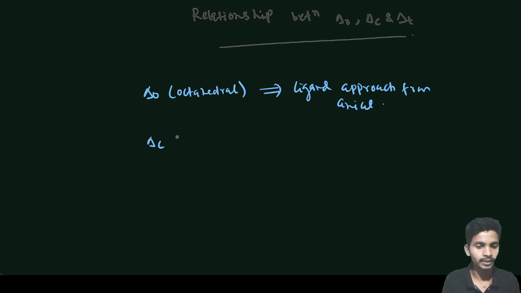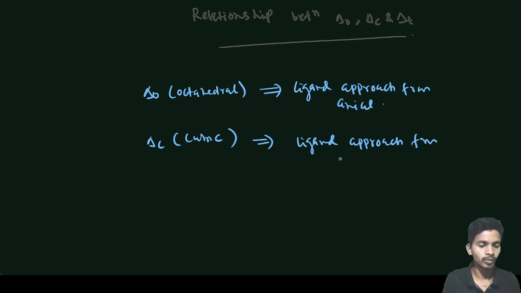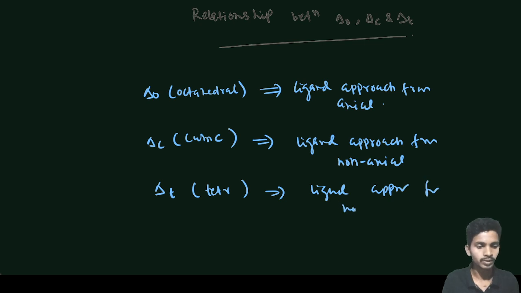Similarly for delta C, that is cubic complexes, ligands approach from corners, that is non-axial. Similarly for tetrahedral, ligands approach from non-axials. And here let's say we have 6 ligands, here we have 8 ligands, here we have 4 ligands.